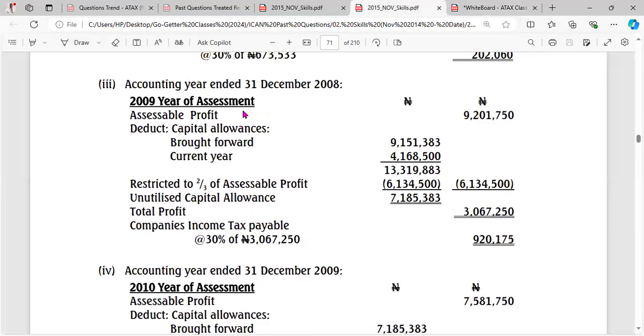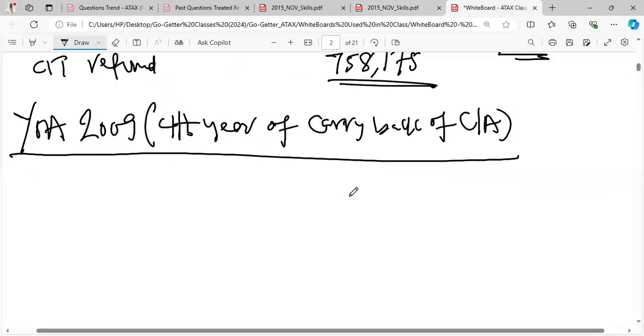Go to 2009, and we are going to look at the total profit here, 3,067,250. Let me write the figure, 3,067,250. All right, so that's going to be our total profit.